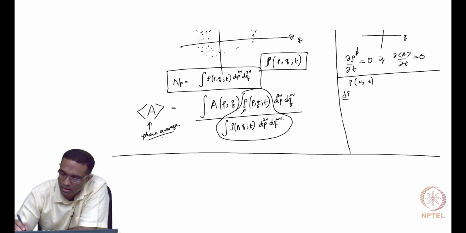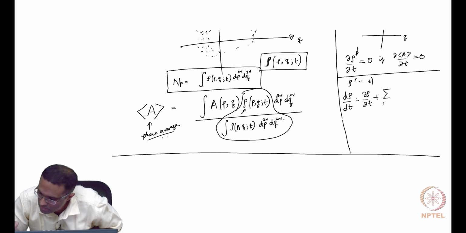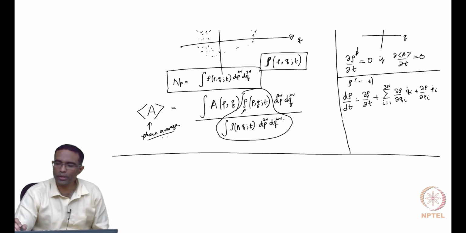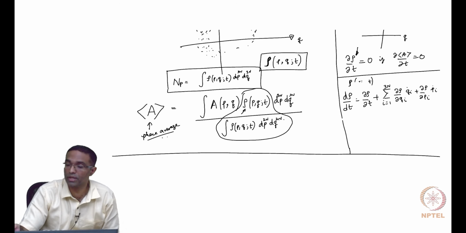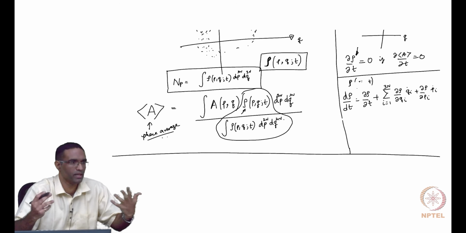Is it right? D rho by dt is nothing but dou rho by dou t plus summation i equal to 1 to 3N, because now I am not talking about rho as a function of x, y and z, rho is a function of q, p and t, right.